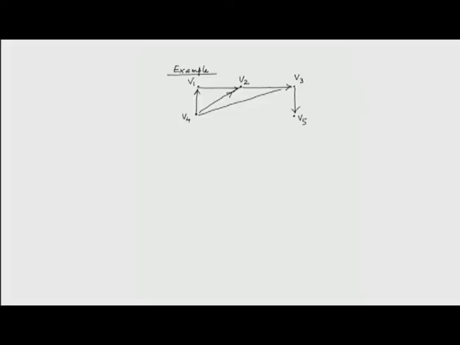So, we draw a line from V3 to V4 and put an arrowhead towards V4. So, this is the graph that we have got.